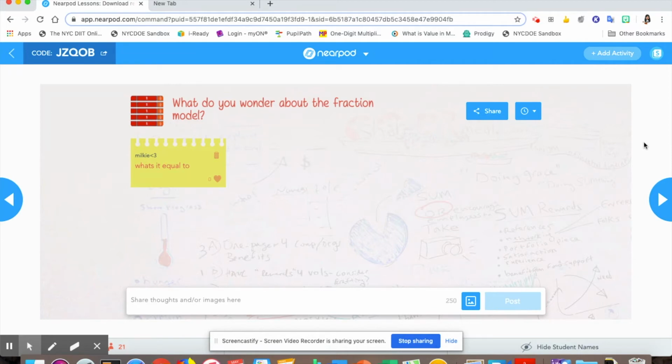So I see Lizette has said that she's wondering, what is this equal to? Good, so what is the total amount that this fraction is showing us? Okay, so Hawa is also wondering, what is this fraction? Good. What questions do you guys have about this image?